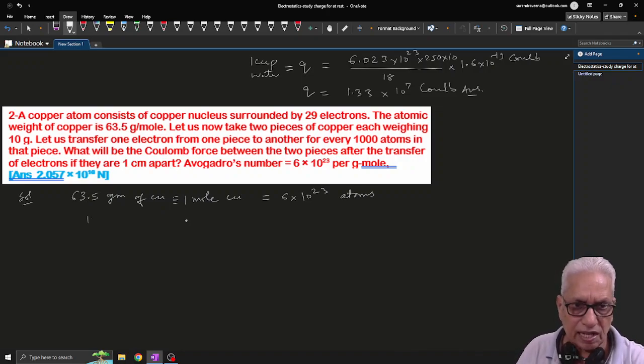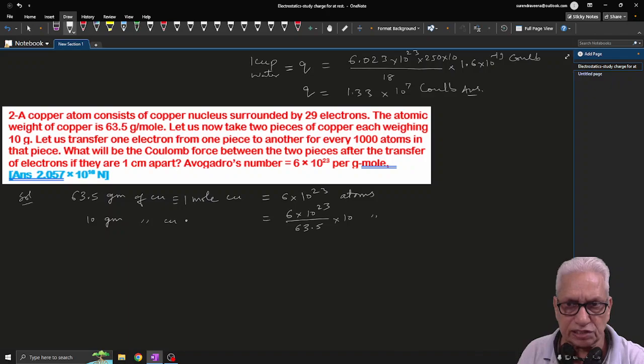One piece has a mass of 10 gram. So in 10 gram of copper, the number of atoms is equal to 6 into 10 to the power 23 divided by this and multiplied by 10. These are the number of atoms.